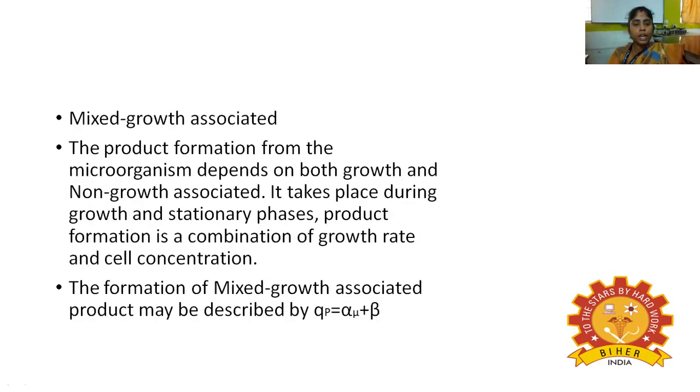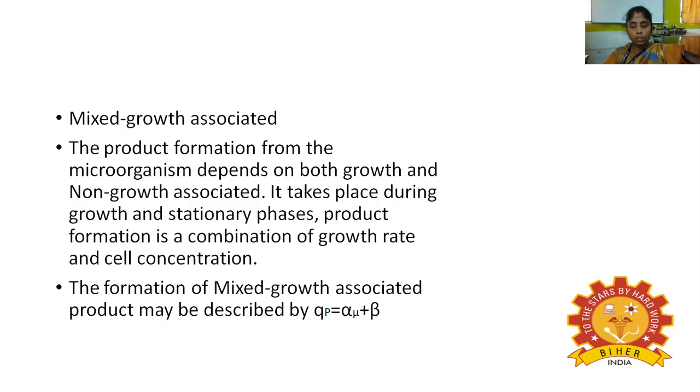That can be written as QP is equal to beta. QP is the specific product formation rate, and beta is a constant, which means it is not directly proportional to the growth rate of the microbial cells.